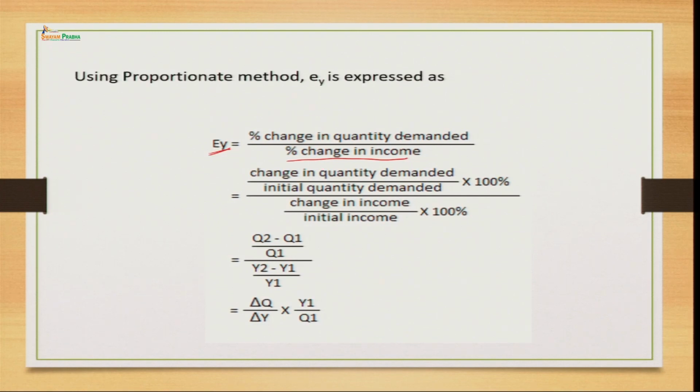So, this is another way of expanding the same formula, and then you can also write Q2 minus Q1 upon Q1, Y2 minus Y1 upon Y1. Y2 is the new income and Y1 is the initial income, and the same is the case with Q2 as the new quantity demanded and Q1 as the previous quantity demanded. So, these are the different ways of writing the same method through which you can calculate income elasticity.